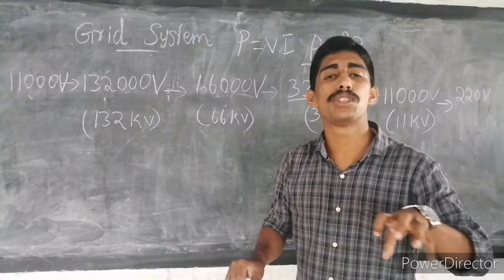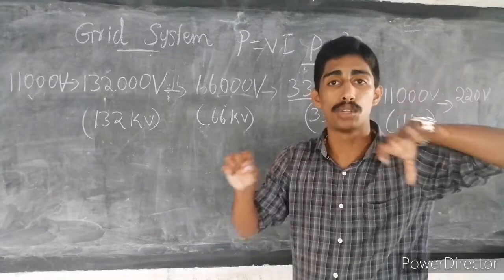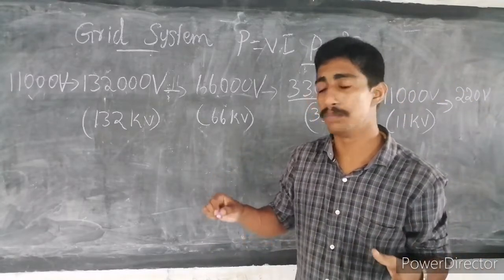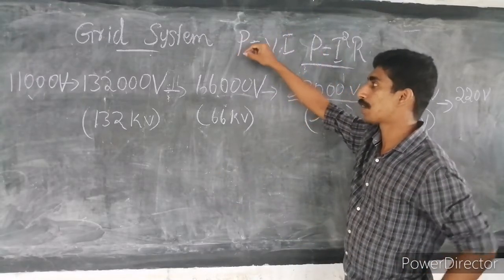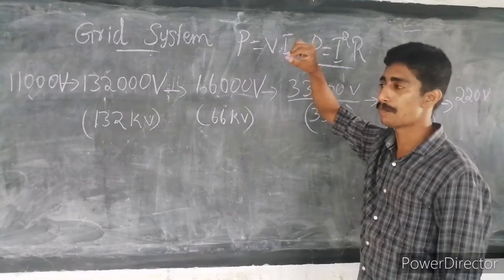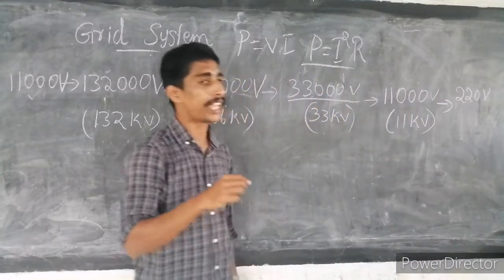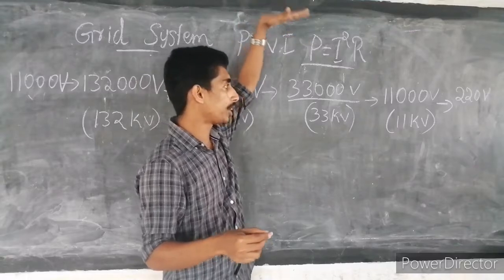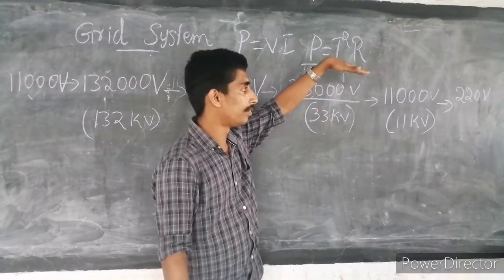Then when it comes near to our house, at the power circuits, it will reduce the potential difference to 66,000 volt. Then another step down transformer will decrease the potential difference to 33,000 volt.